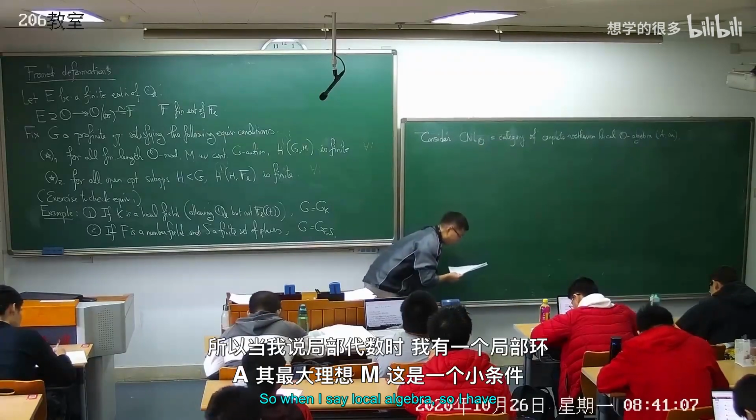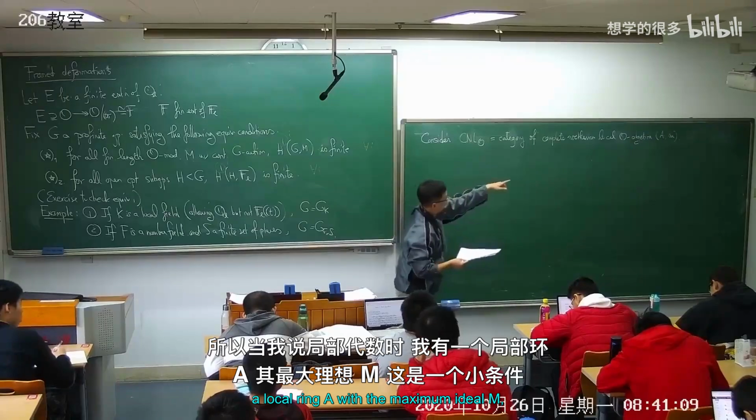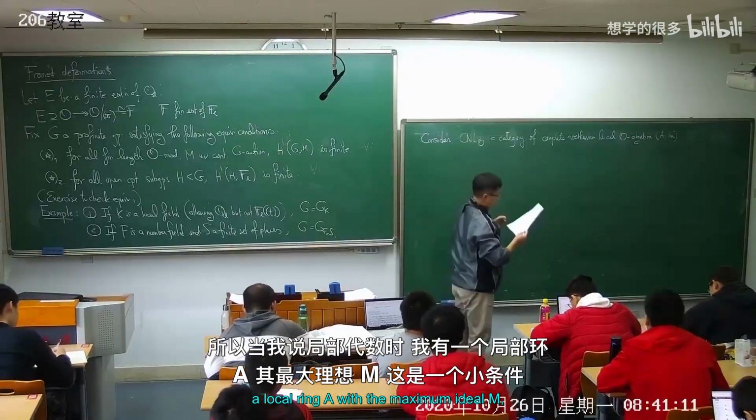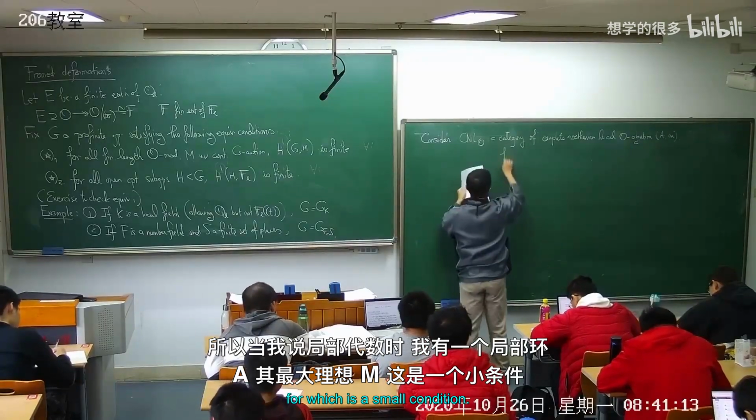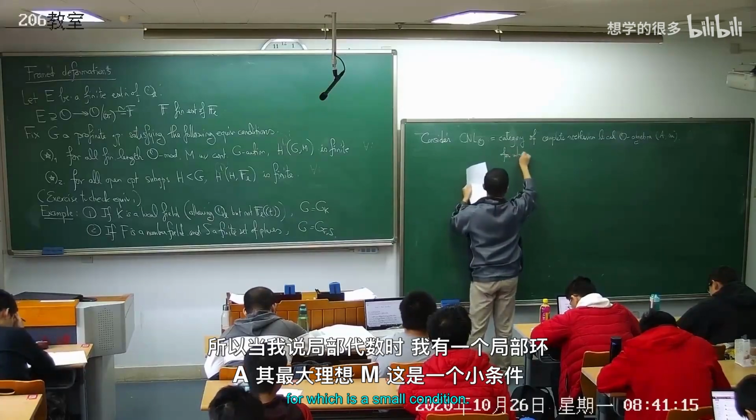So when I say local algebra, I have a local ring A with maximal ideal M, for which there's a small condition.